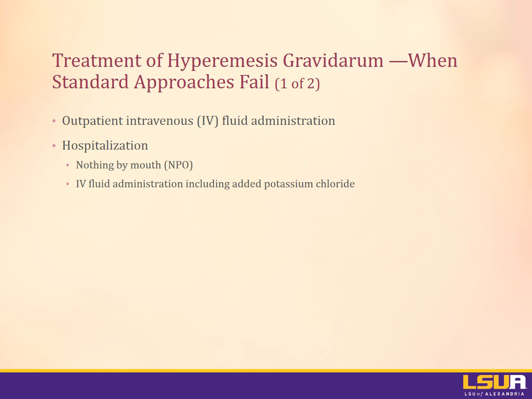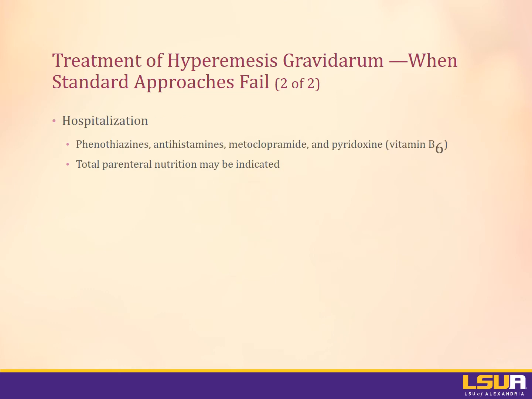If that doesn't work, we'll have to put her in the hospital, place her NPO, and put her on IV fluids with potassium chloride. She may be placed on phenothiazines, antihistamines, metoclopramide, and pyridoxine, which is vitamin B6. If you don't know what any of those are for, make sure you look them up.